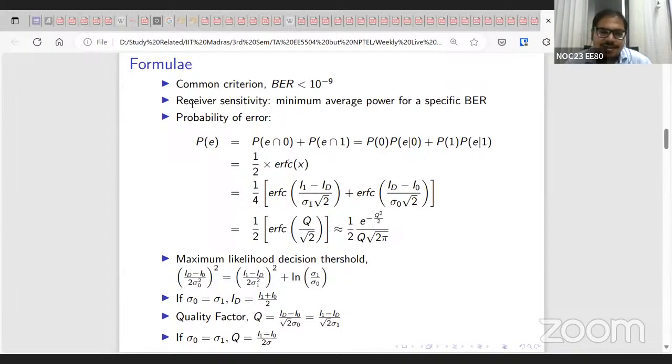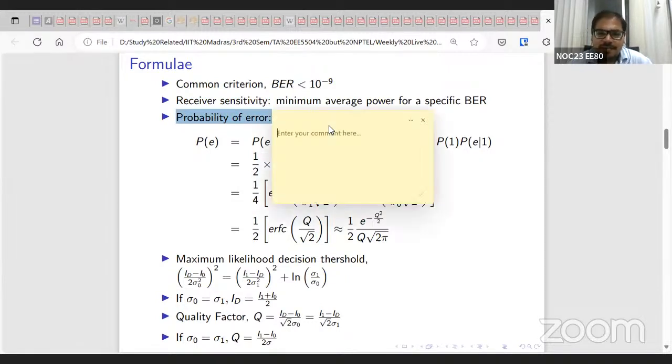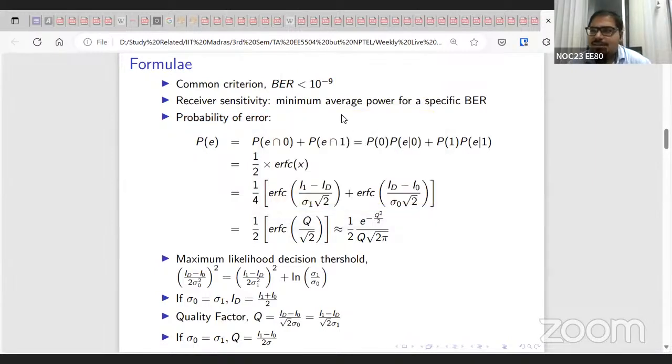Then this is the definition of receiver sensitivity, and then the probability of error while sending a bit. Here bit and symbol are the same. In the case of QPSK, bits and symbols can be different, and you will be talking primarily in terms of symbols for QPSK. Here we talk about OOK signal, sending bits.